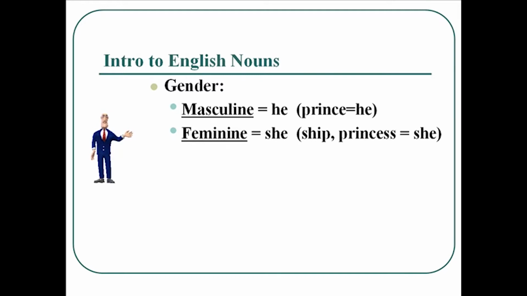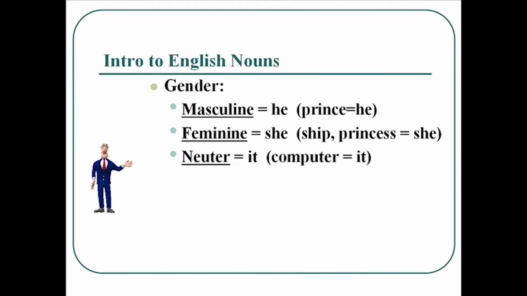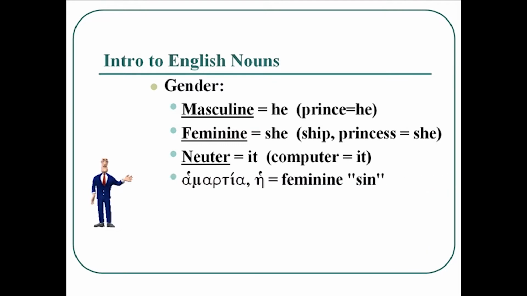The queen is feminine. And then we have the neuter. The neuter refers to things like rocks and computers. In Greek, we have the word hamartia, and it has a he that indicates the feminine, and it's translated sin. Many abstract words will be feminine.